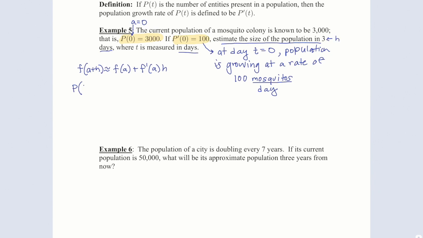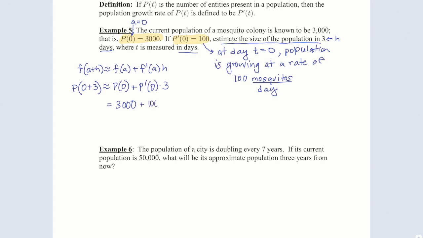So we would say p of 0 plus 3 is about the same as p of 0, the starting value, plus the rate of change, p prime of 0, times the number of days away we're going to be, which is 3. Right? So this makes sense because we'll say, well, we started with 3,000 mosquitoes and we're gaining roughly 100 a day, and we're going 3 days out.